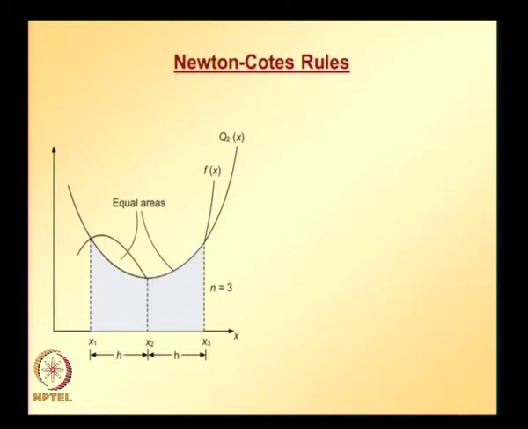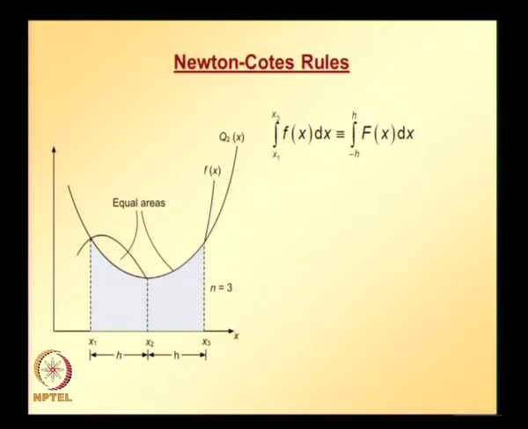Basically in Simpson's rule a function f(x) is approximated as a quadratic function q2 as shown in the figure, and this function is evaluated at 3 points x1, x2 and x3, and x2 is midway between x1 and x3. The distance between x1 and x2 is h, and between x2 and x3 is h.